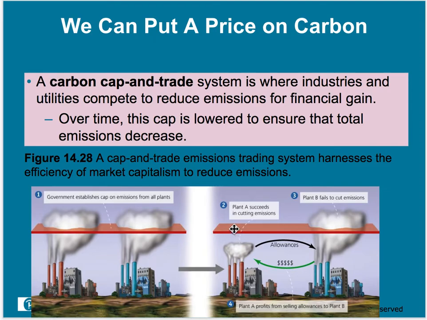And so that encourages some companies to really cut back their emissions, but that costs them money to make those upgrades. But then they can sell their permits for their overage to other companies that are going over. So they end up recouping some of their money from selling their permits to other companies. That's called cap and trade.